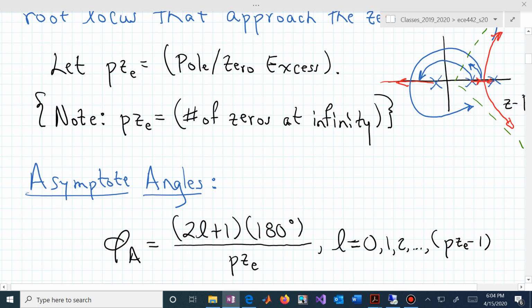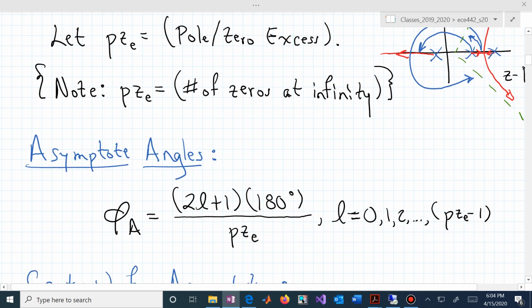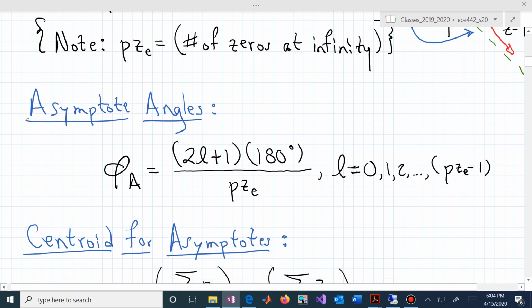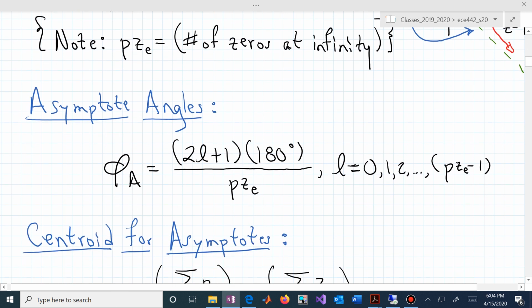So L would go through 0, 1, and 2 in this asymptote angle expression. We know PZ sub E is 3. We now have 180 divided by 3, or 60 degrees, scaled by 2L plus 1. When L is 0, phi sub A is 60 degrees.